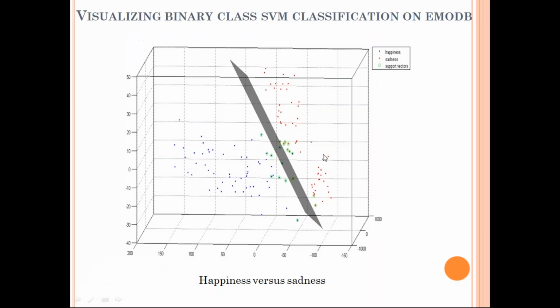This is an SVM-learned classification between happy and sad emotion in speech. This is the classification on real data, and this is how SVM has learned the plane on real data. This is some Berlin database, IEMOCAP.